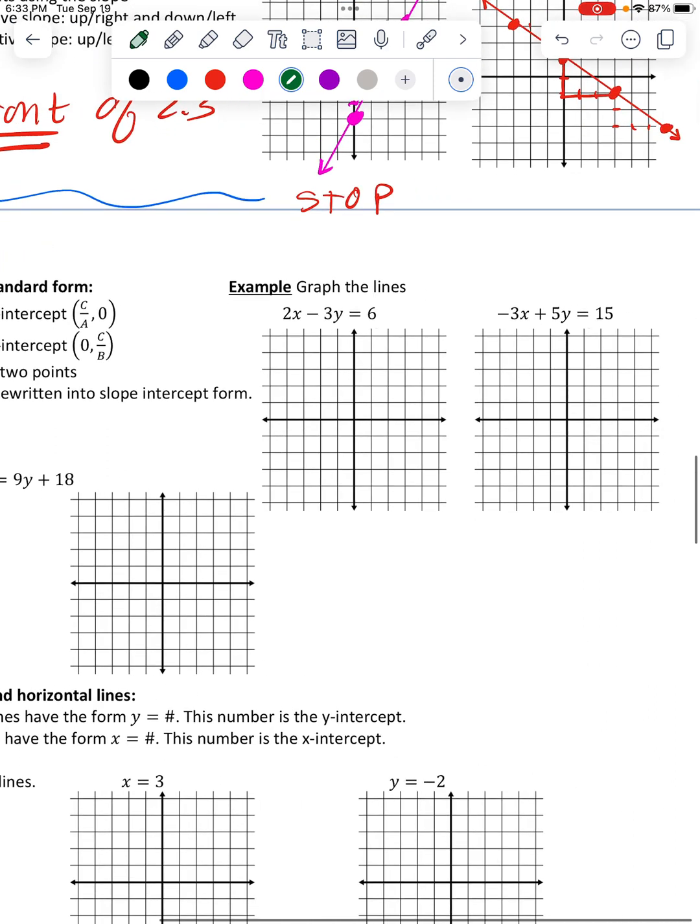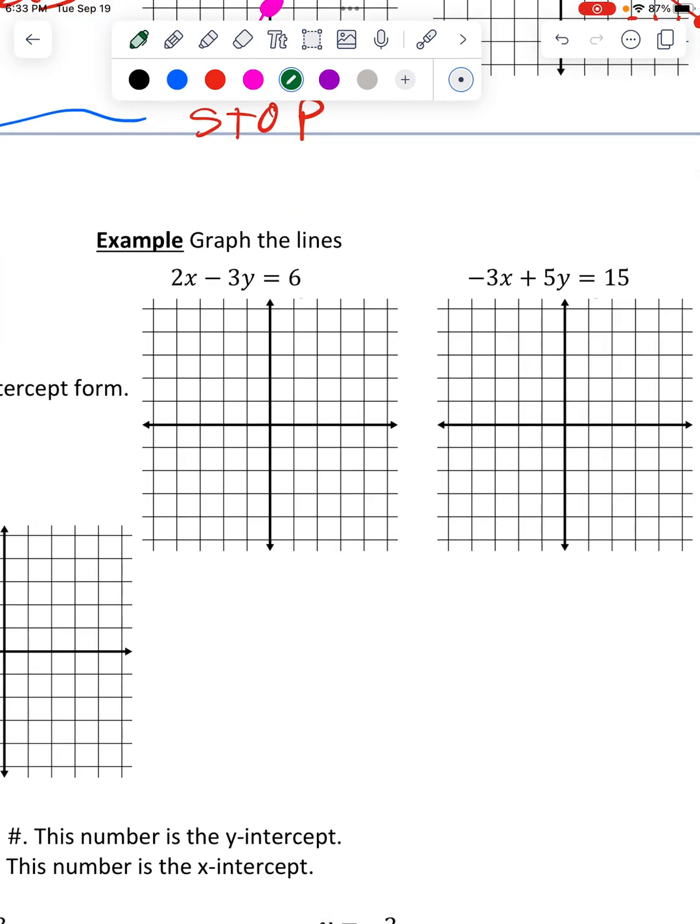So for example here, I know a lot of you are tempted to change it to slope-intercept form, but there's a lot of steps to that where you could make a mistake. And so I would recommend that instead you try this. Try it a few times because it's actually pretty easy. So I'm going to put a 0 here to figure out the y-intercept and a 0 here to figure out the x-intercept.